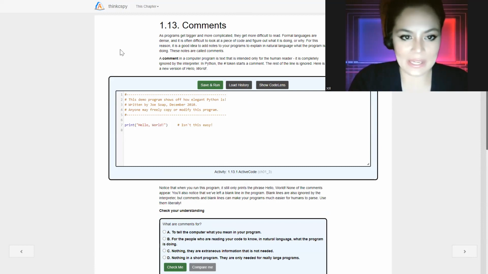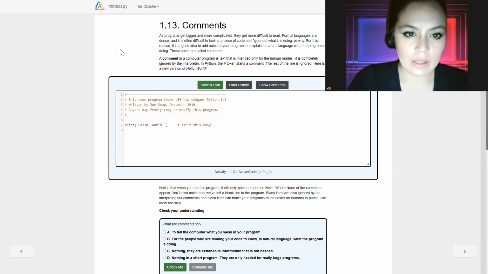So what do they mean by formal languages are dense? Well, for the operation of addition, let's say, you have one token that's a plus sign. But in our natural language, we can either say add or plus, and those are 4 characters to 1.